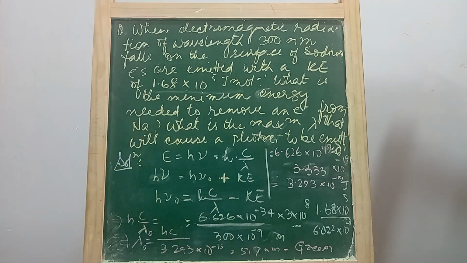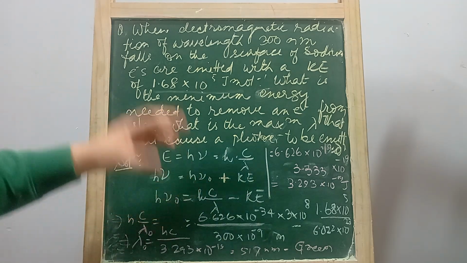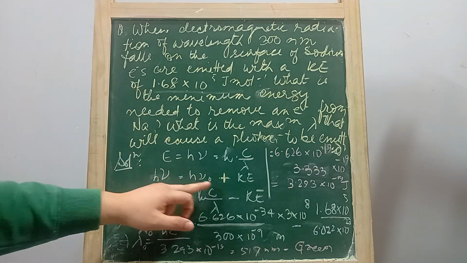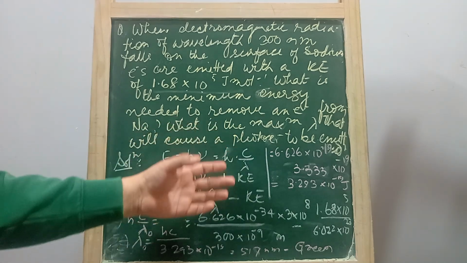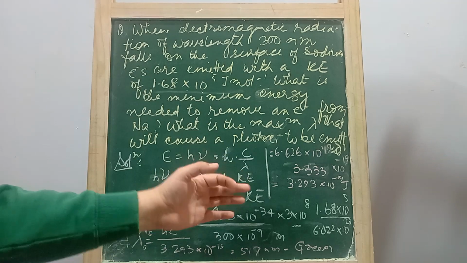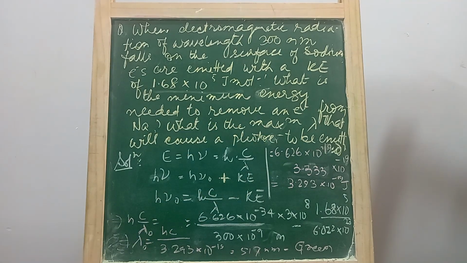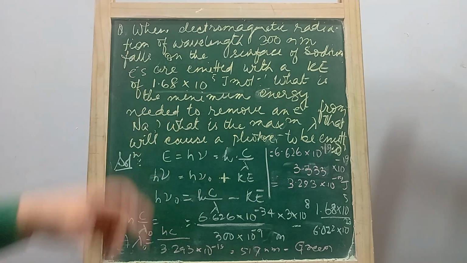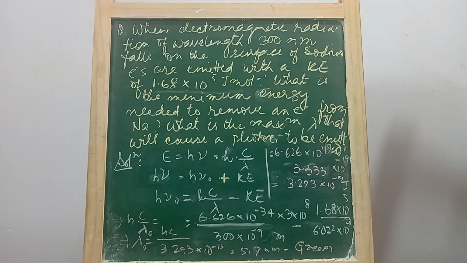Some energy is used to eject the electron from the metal, that we call the work function of the metal, plus whatever additional energy is left comes out as the kinetic energy of the electron. So that means h nu is equal to h nu naught, which is the minimum frequency required to remove an electron from the metal, plus kinetic energy.